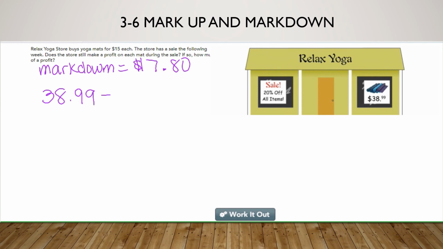Then we have to subtract the $7.80 from that. And when we subtract that, it will let us know the sale price, which is $31.19. $31.19 is the sale price.